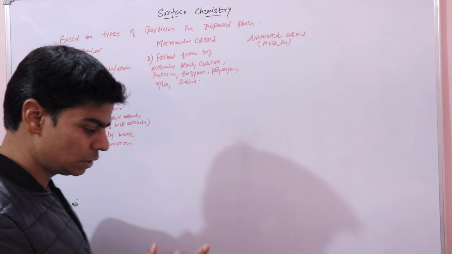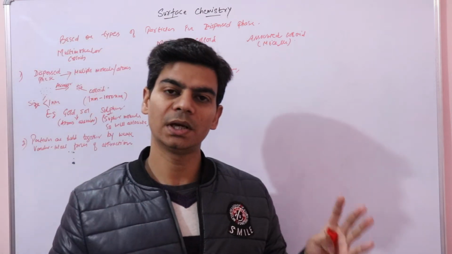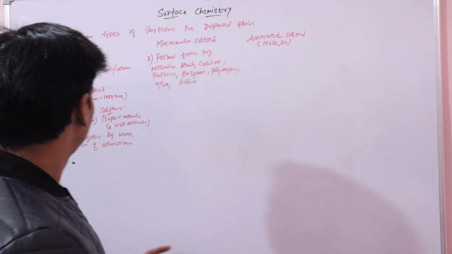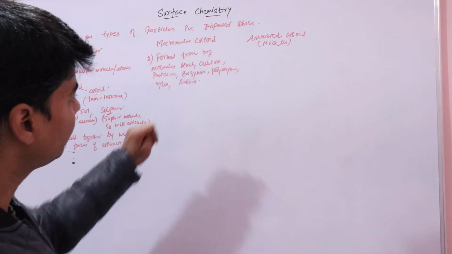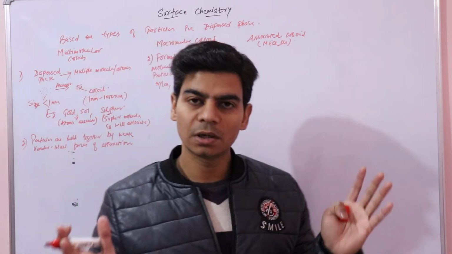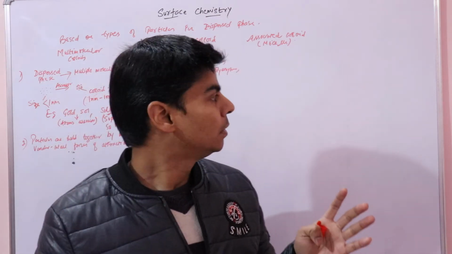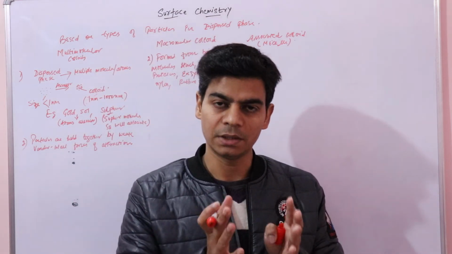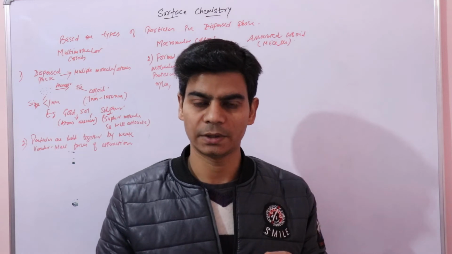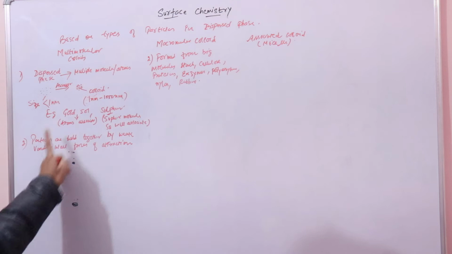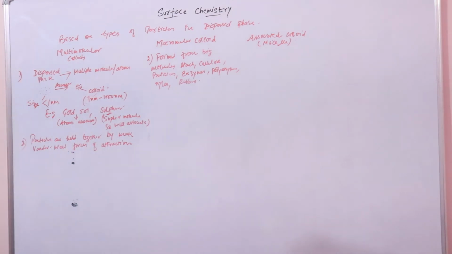Since these molecules are big, their molecular masses are high. And these are held together by van der Waals forces of attraction, which are stronger as compared to van der Waals forces acting in multimolecular colloids.